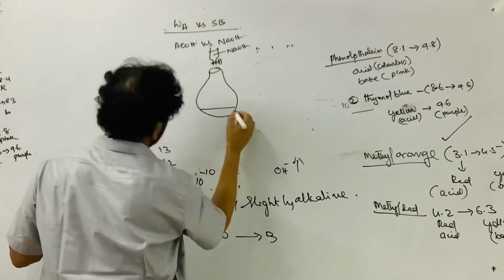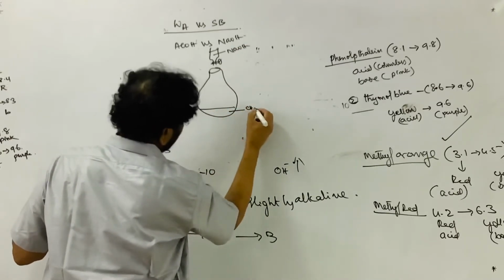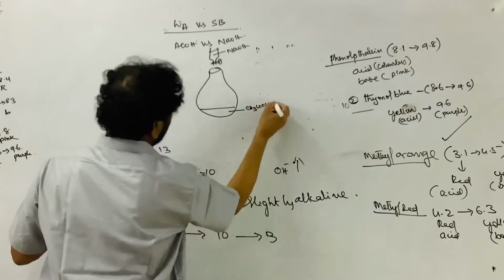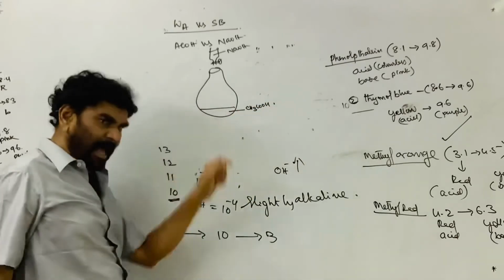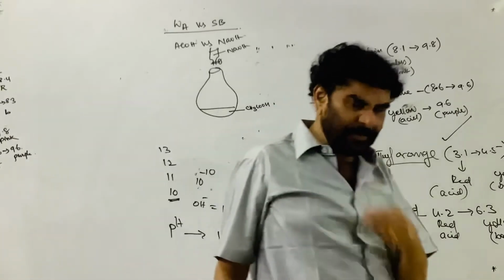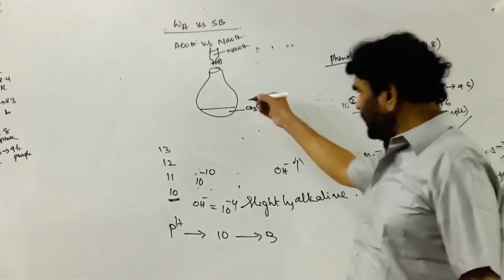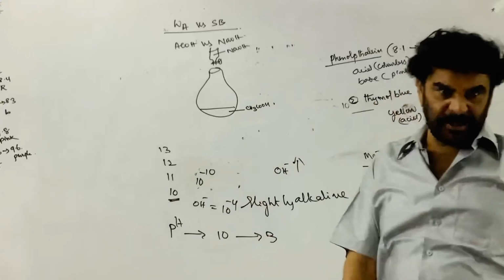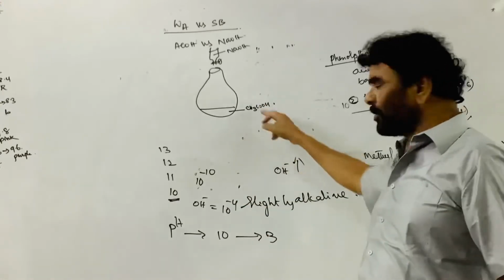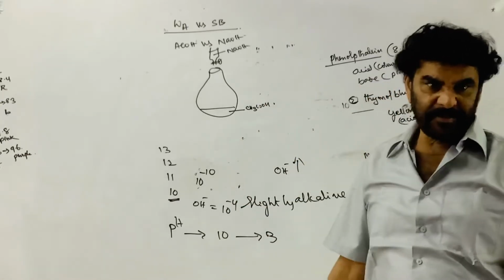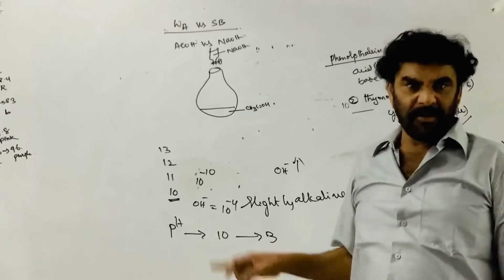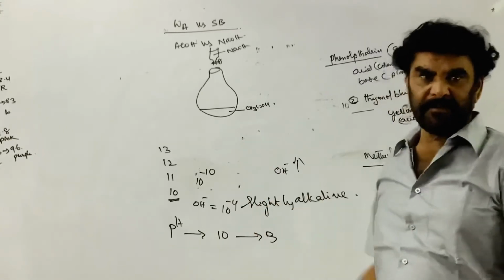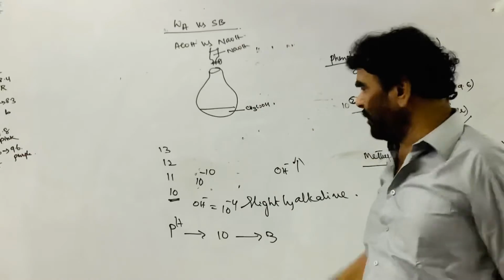This is the acetic acid solution. You are adding. Now it is an acid. It has its own pH. That is, the H plus ion concentration is equal to root of Ka into C. That is, pH is half pKa minus log C, where C is the concentration that can be determined.